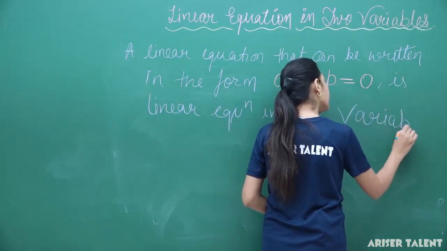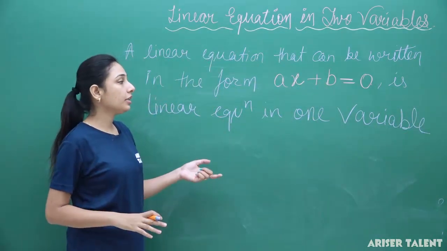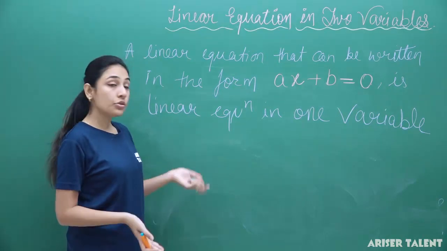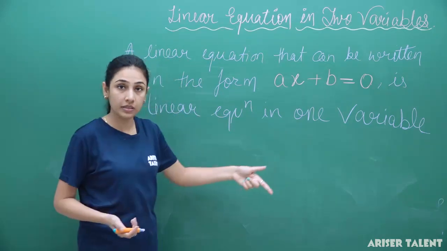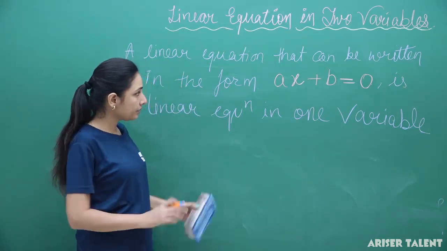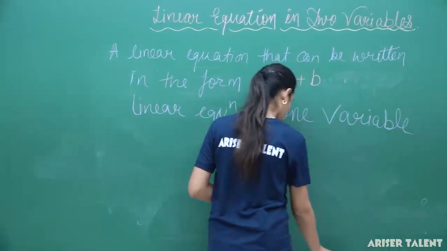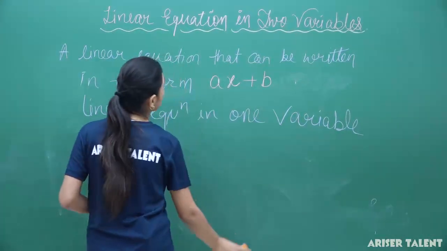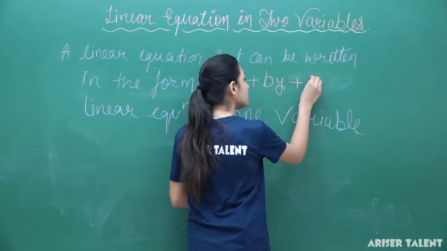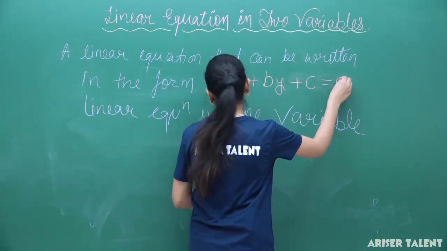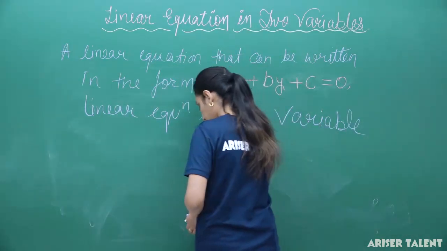Now, look very carefully. This was about linear equation in one variable. So, if I have to put this one as two variables, so what I have to do is by plus c equals to 0. Alright.